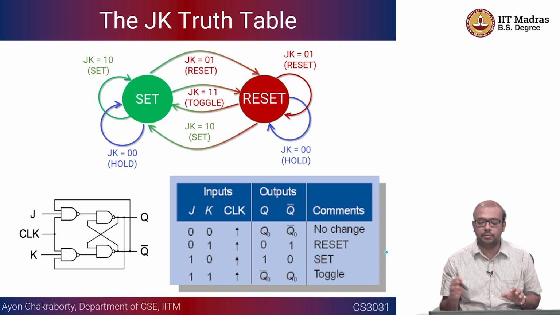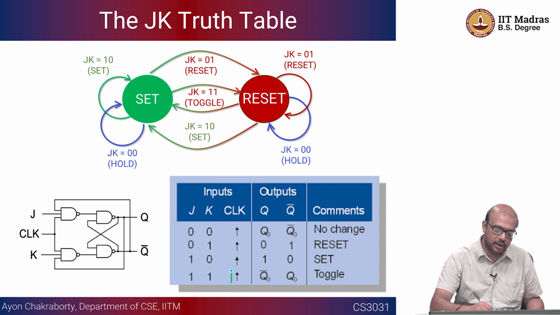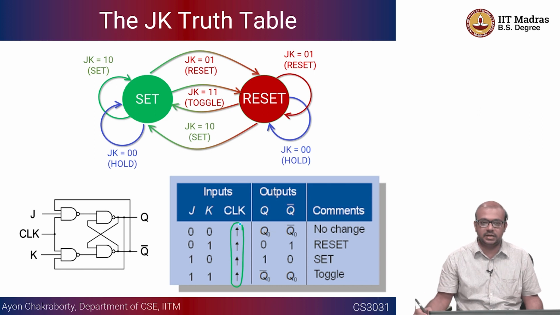Very similarly, you can do the same thing for D, but D is very simple because there are only two inputs that are possible, D equal to 0 and D equal to 1, whereas in this case there are two inputs JK, considering clock is always high because there is no point in studying in this particular context where clock is not present or the clock is not triggered.